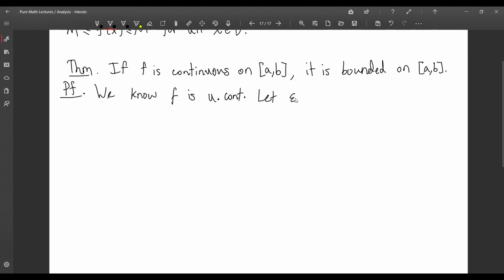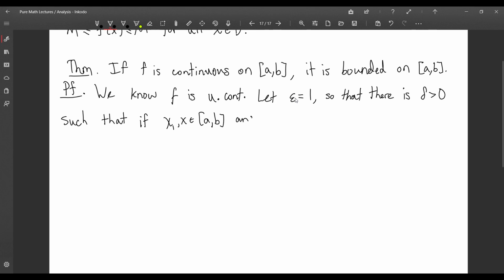Now let epsilon be equal to 1, so that there is delta greater than 0 such that if x1 and x are in [a, b] and their distance is less than delta, then the absolute value of f of x1 minus f of x is less than epsilon, which we've set equal to 1.